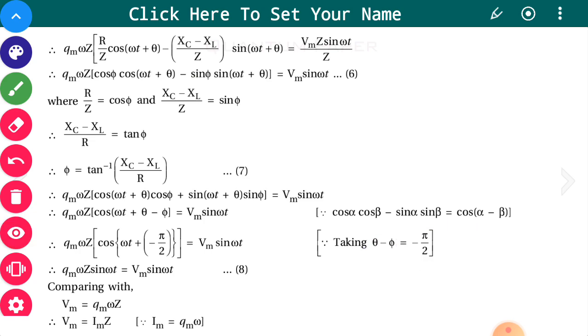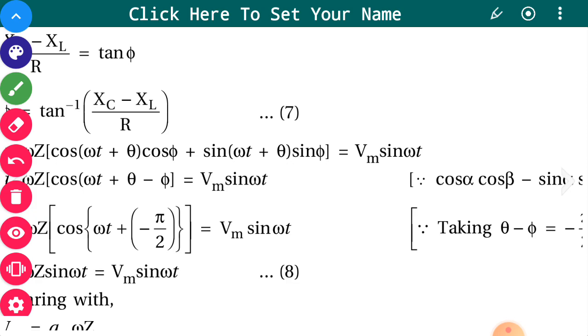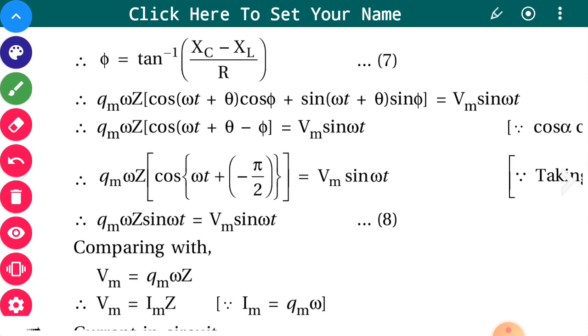So this will be converted to cos(omega t minus pi by 2) is equal to Vm sin omega t. Since cos(pi by 2 minus omega t) is sin omega t, this is Vm sin omega t.